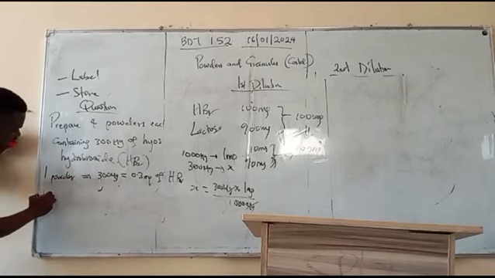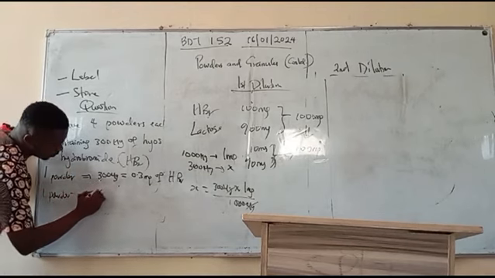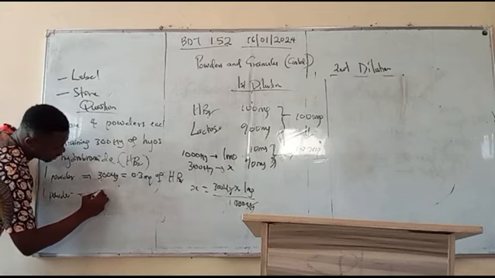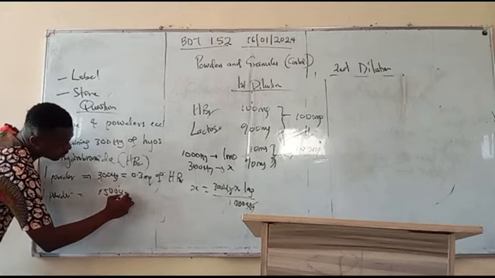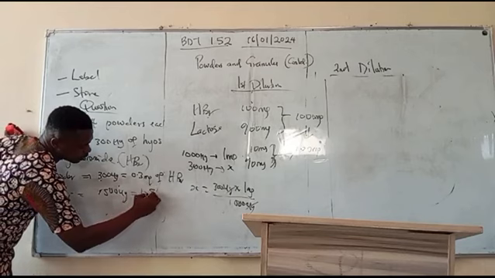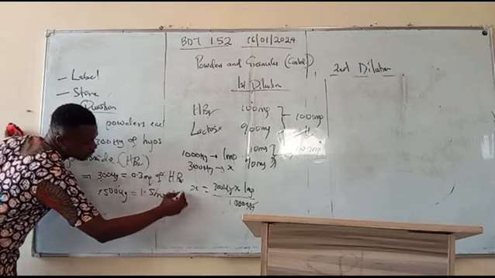Then the 5 powders will contain 1,500 microgram, which is 1.5 milligram of hyoscine.